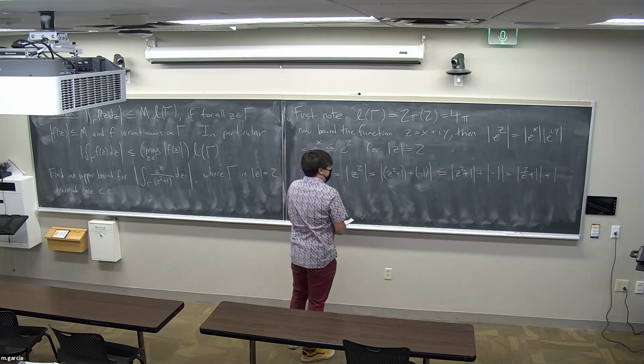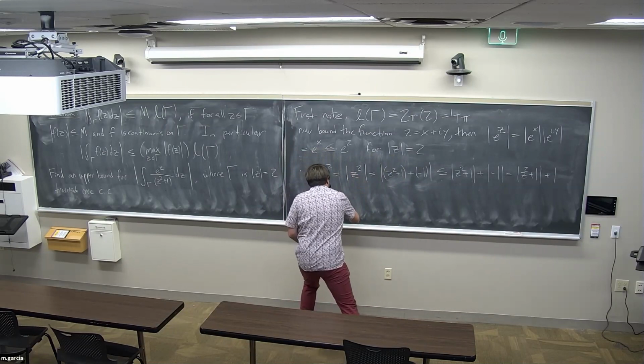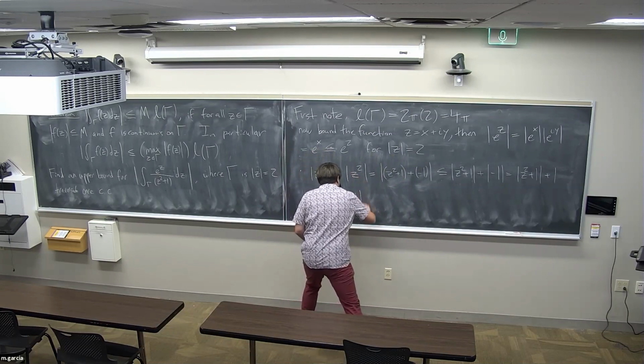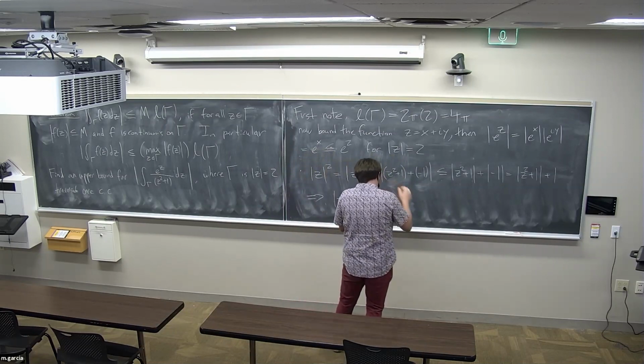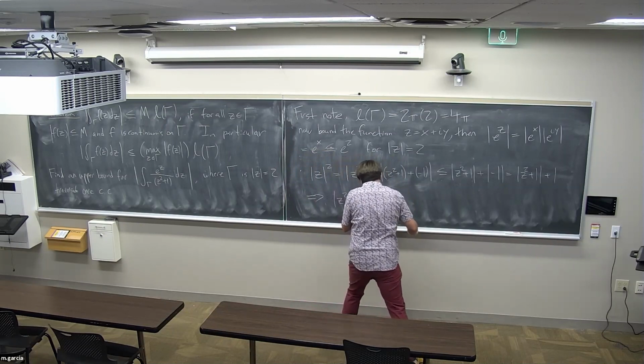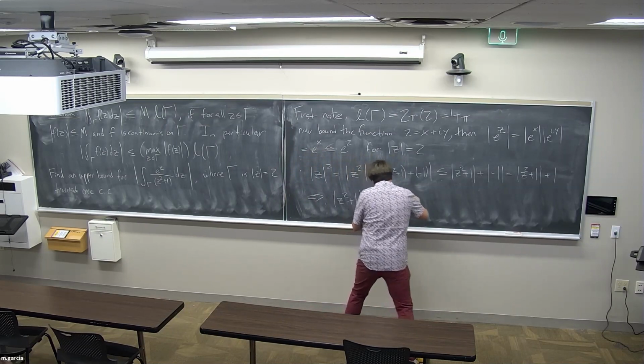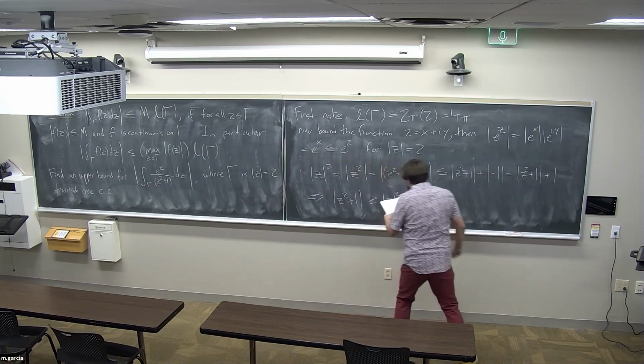Which altogether tells me that the modulus of z squared plus 1 is greater than or equal to the modulus of z squared minus 1.